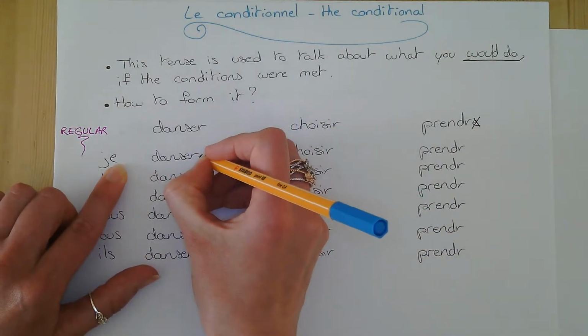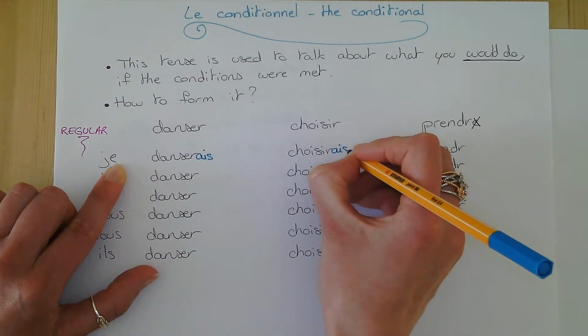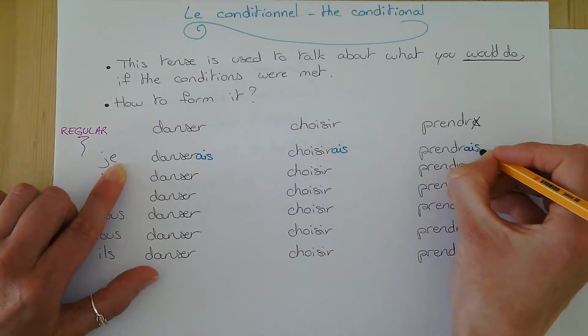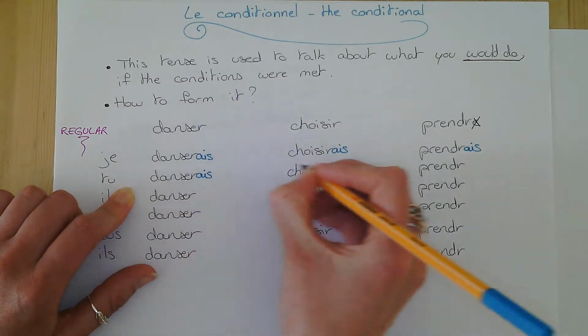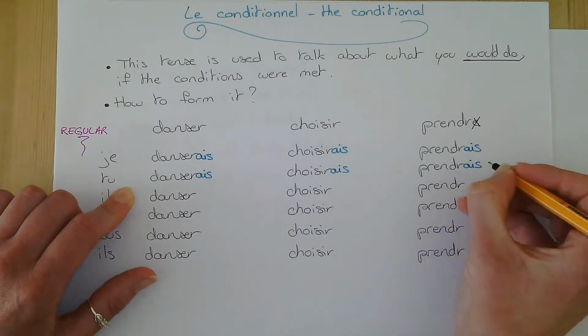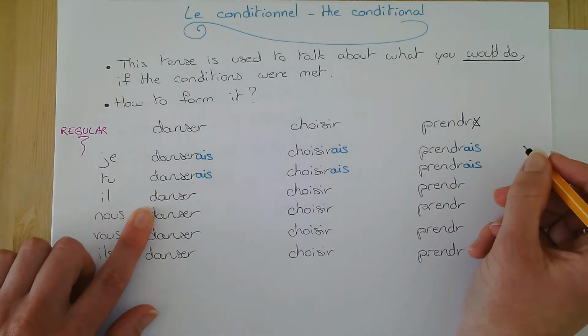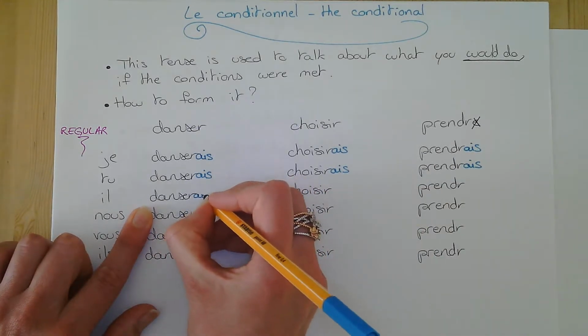The ending for I in the conditional is AIS. For tu, the ending is again AIS. So far, not too hard, it's the same. For il, elle, and on, it's AIT.